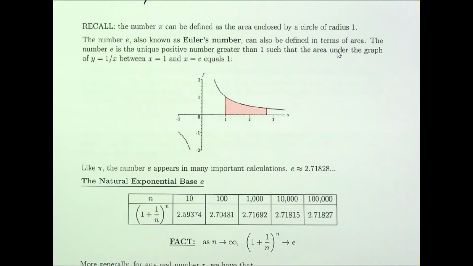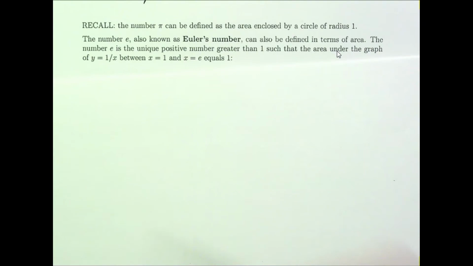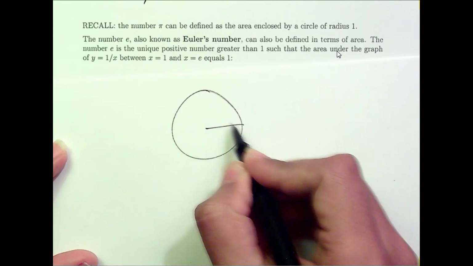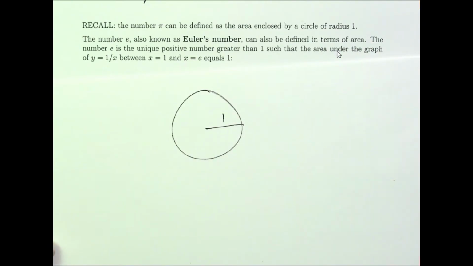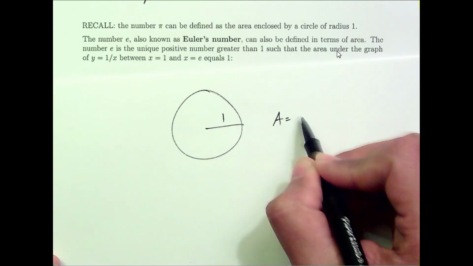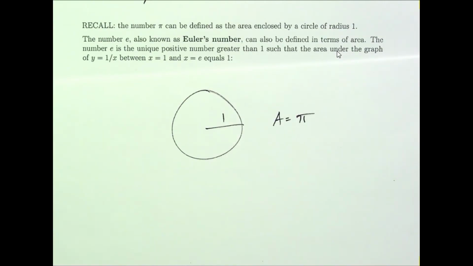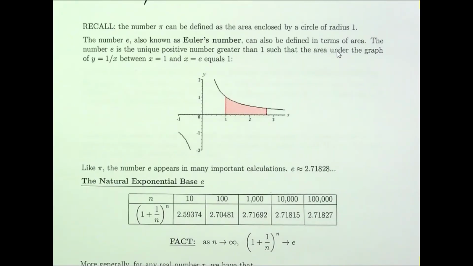So if you draw a circle of radius 1, the area of that circle is pi. That's what pi is. So you can define pi that way.